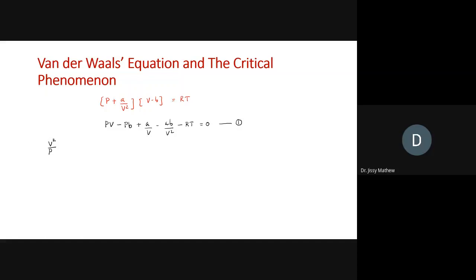Then equation 1 becomes V³ − V²(RT/P + b) + V(a/P) − ab/P = 0. Let this be equation 2.